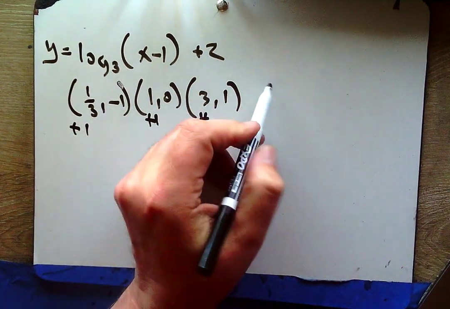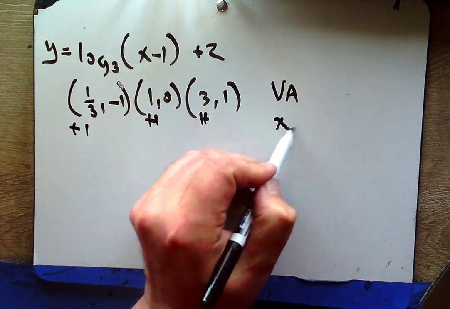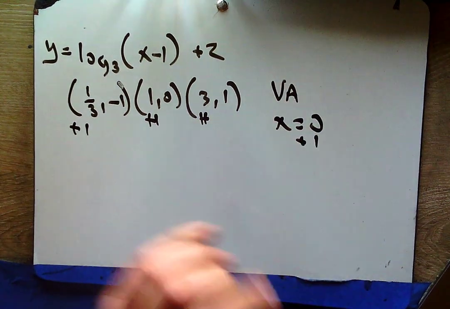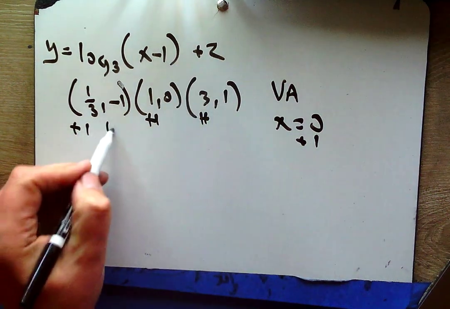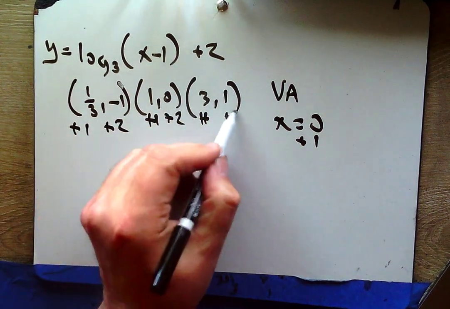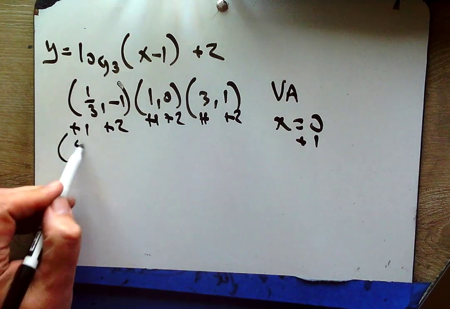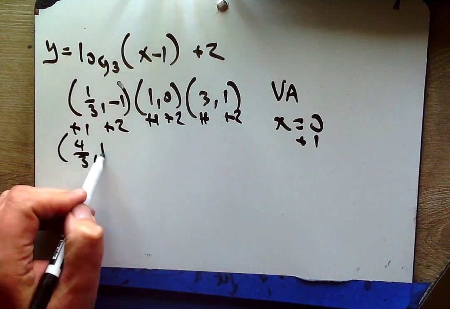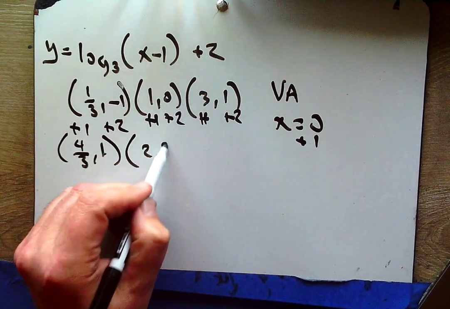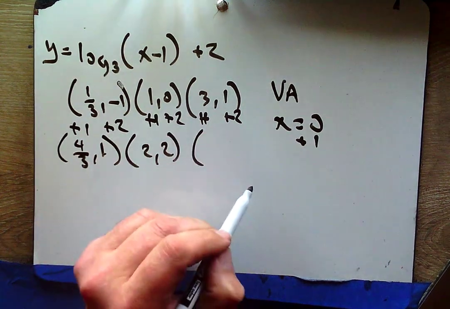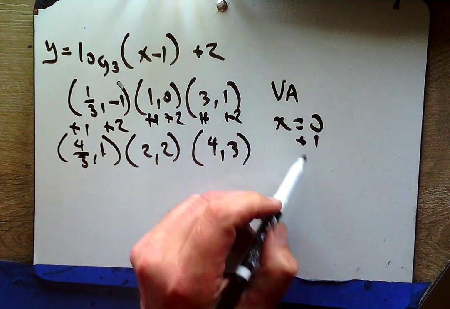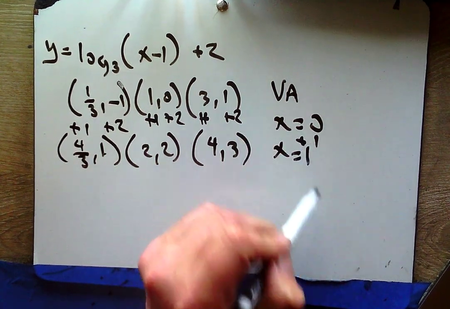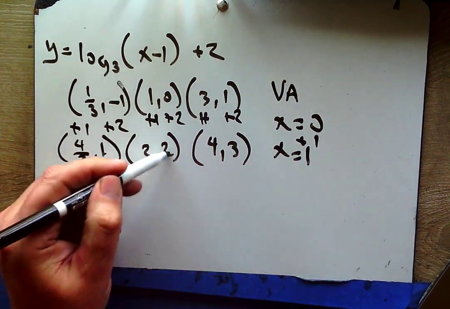I'm still going to add 1 to all the x's. Outside is still normal land. It still affects y values. I'm adding 2 to all the y values. So I've got 4/3, 1. I've got 2, 2. And I've got 4, 3. And of course, x equals 1 is our vertical asymptote.